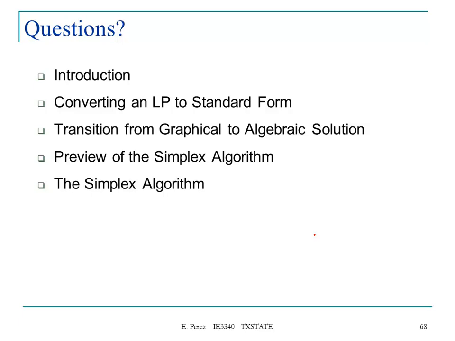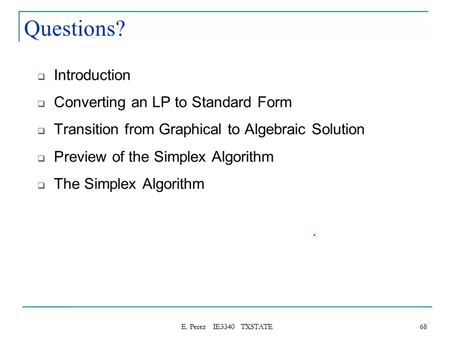Something that you can start thinking about is what would happen if instead of having inequalities, you have an equality in your problem. So far we have problems in which all of the constraints are inequalities, but we haven't discussed any problems in which you start with equalities in your constraints.